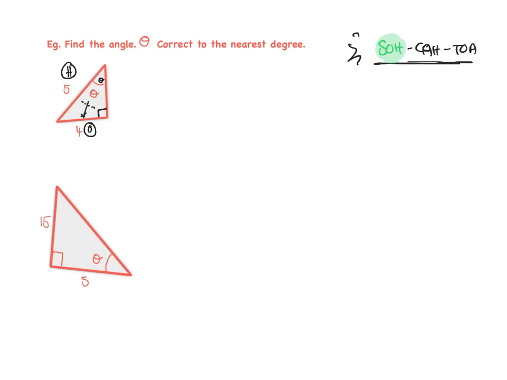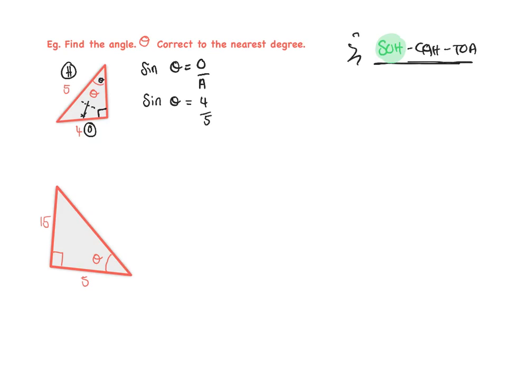You should write out the rule all the time because you'll get marks for that. So O over H. Then substitute everything you know from your diagram. I don't know what the angle is, but I know O is 4 and H is 5.